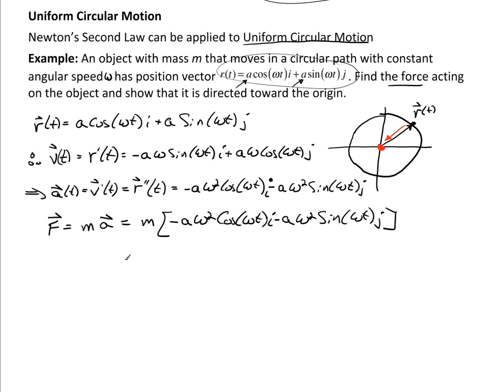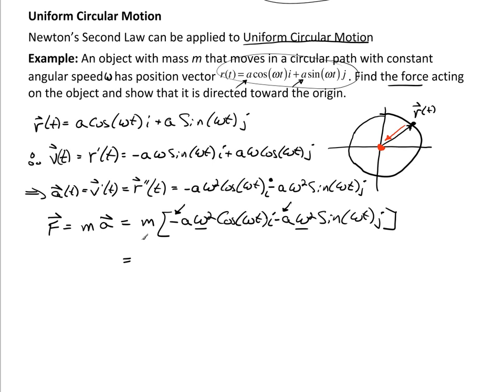Okay, so this is actually going to be equal to, I'm going to fiddle with this just a little bit, because what I'm seeing here is, I'm looking at this and thinking that looks an awful lot like our original position vector. It simply differs by omega squared and these negatives.